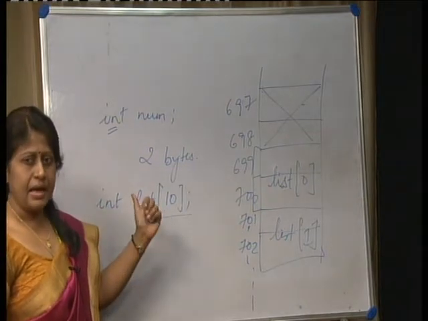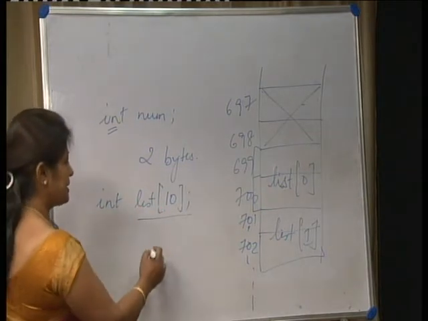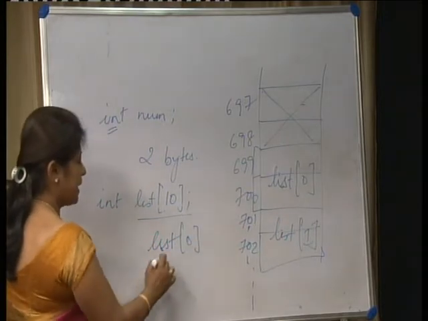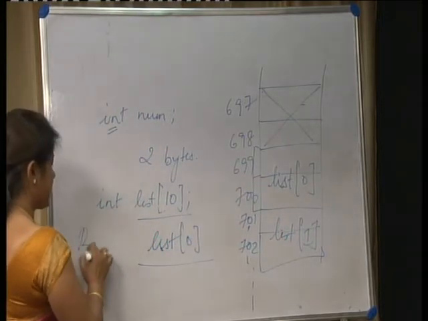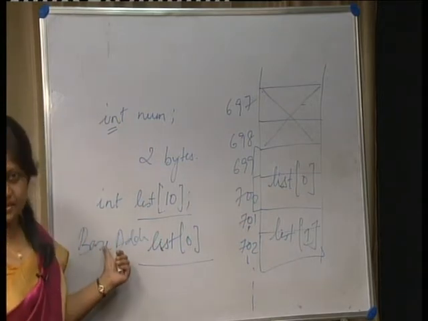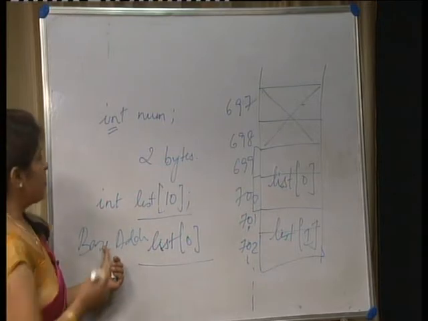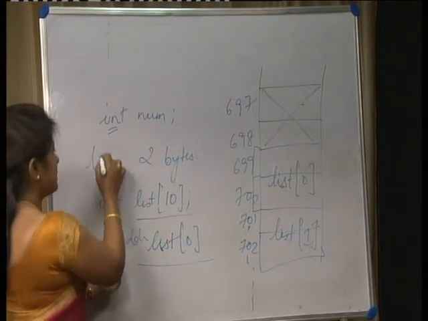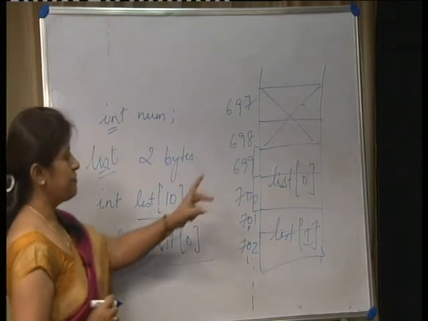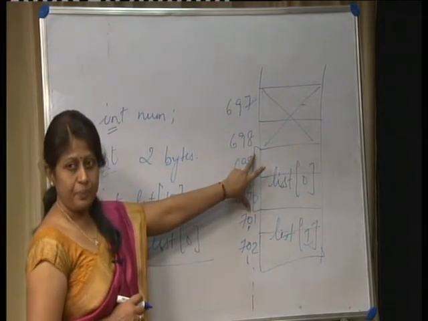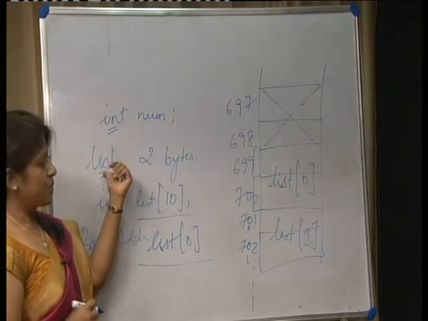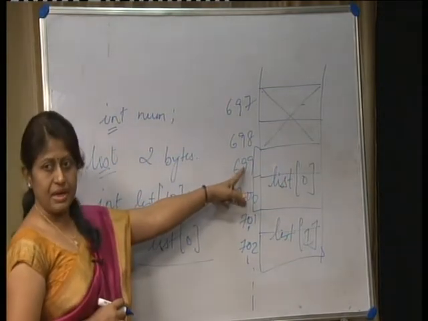At any point of time, list of 0 is always the base address. When I simply say list, that is the array name, I am always referring to the first element of the array.